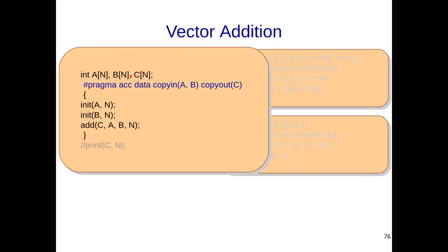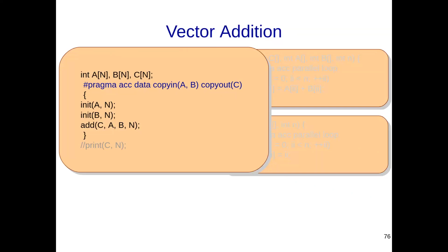You are right that as far as copying in is concerned, we need to read A and B and write to C, but that memory should also be available. Since we have not said anything about copying in C, and the compiler is generating parallel code, it is anyway going to create a copy of C on the GPU.